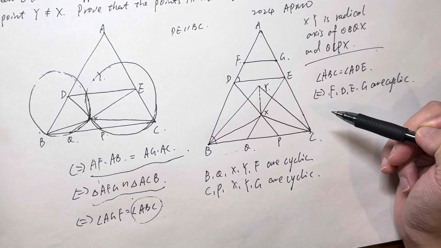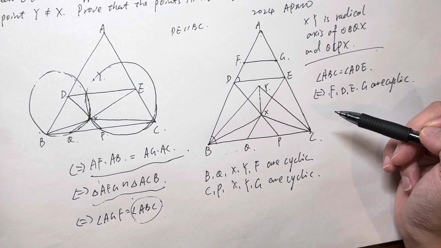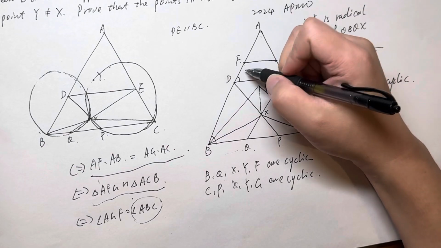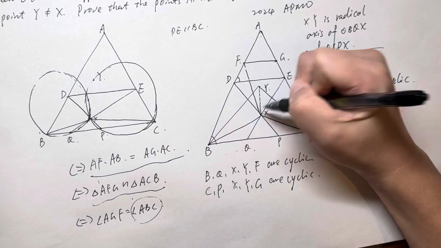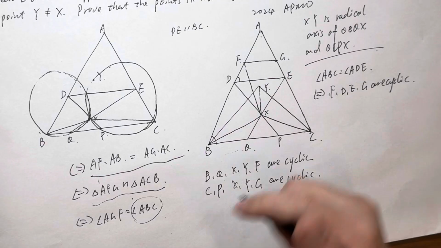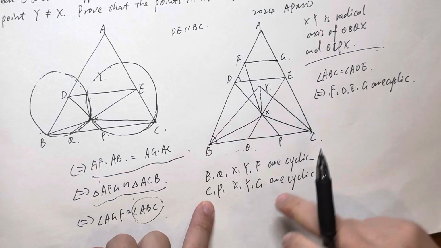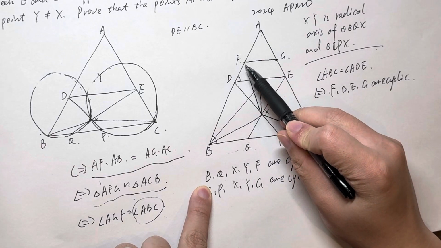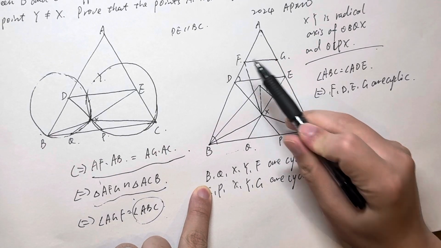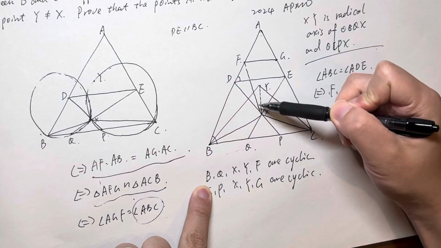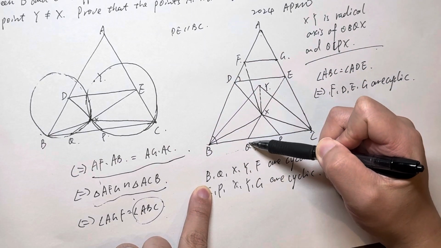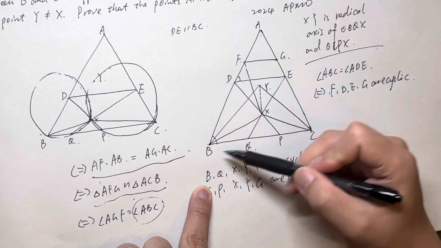So we can connect FX here. Think about what we have here. We know that B, Q, X, F are cyclic. That means the angle FXE equals angle FBQ, which is angle ABC.